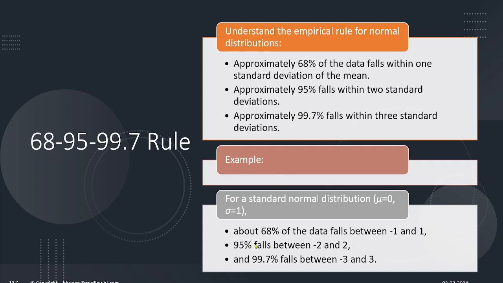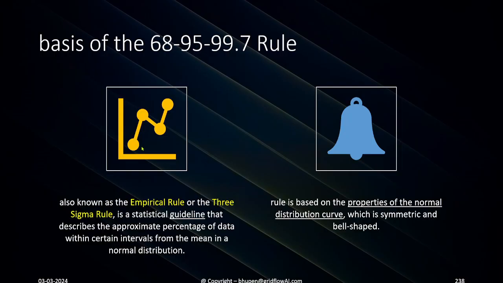Okay. So for example here, for standard normal distribution, 68% of the data will fall between plus and minus one standard deviation, 95% within plus and minus two, and 99.7% within plus and minus three. This is a very important rule, and we're going to make use of this rule in many of these statistical experiments, including hypothesis testing.